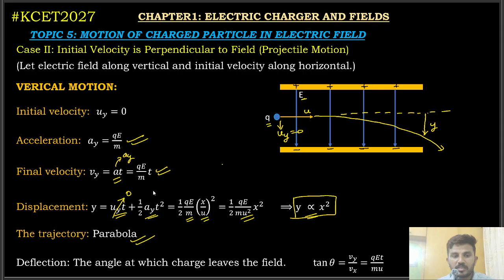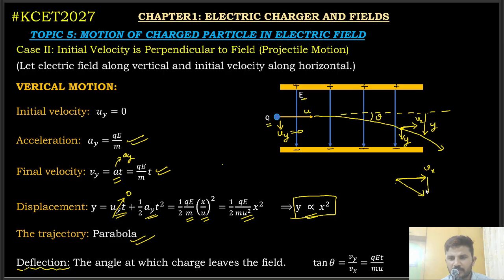So what is the deflection produced? Theta. What is this deflection, sir? This is the deflection. At an instant of time, let's consider here itself. There will be velocity along the x-axis and velocity along the y-axis. At this point, velocity along the x-axis is Vx. Velocity along the y-axis will be downwards.